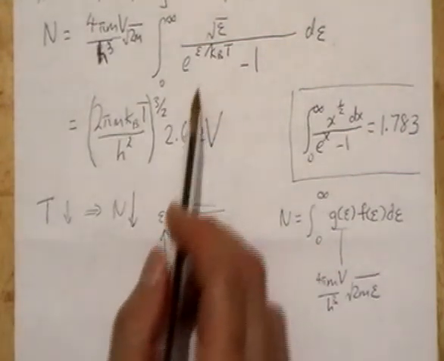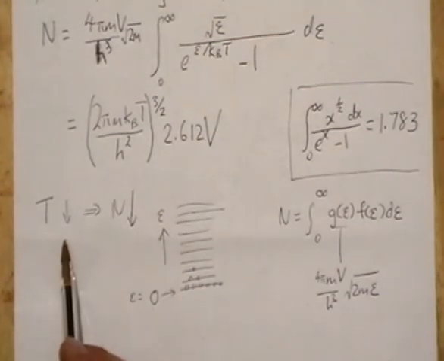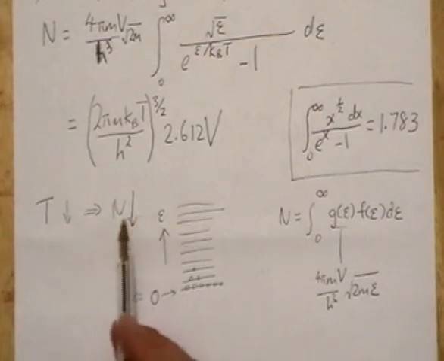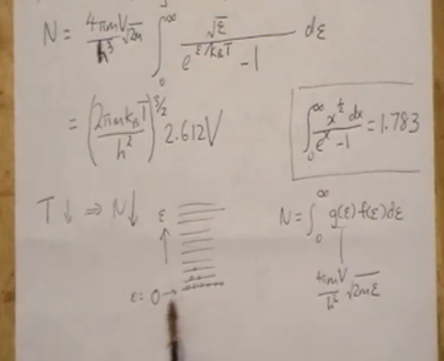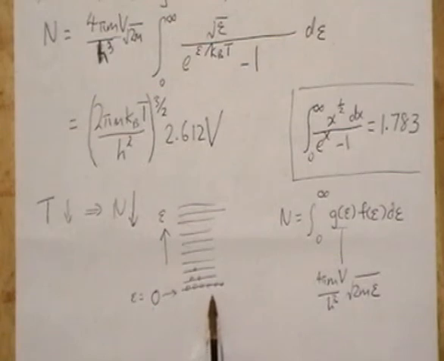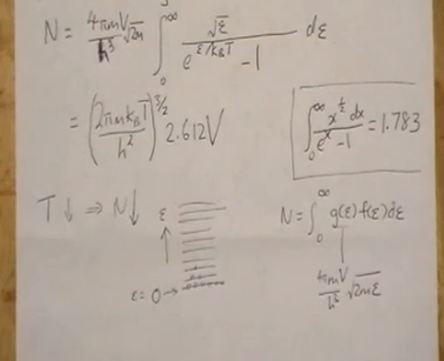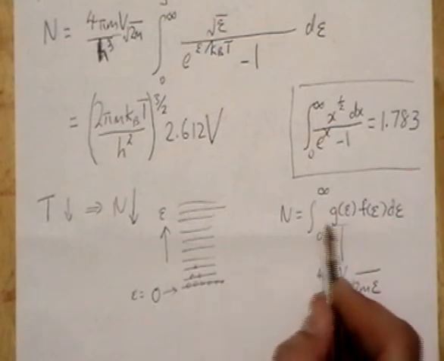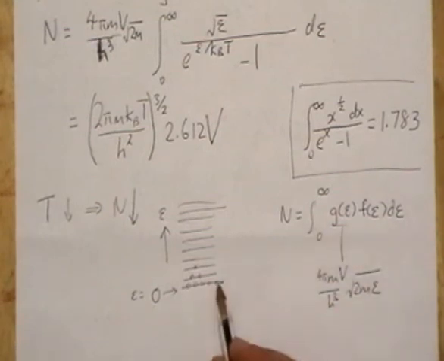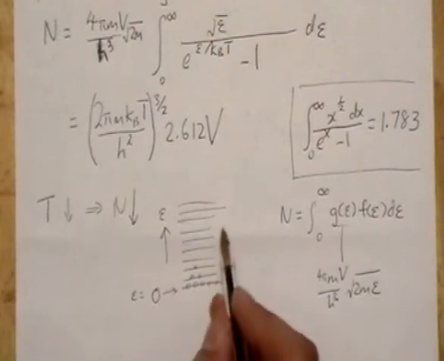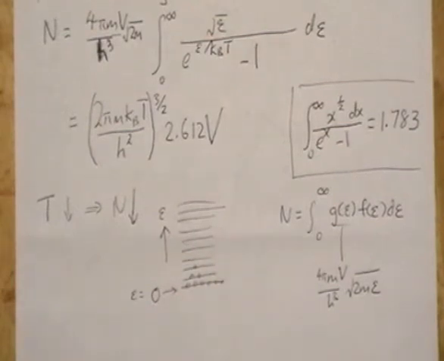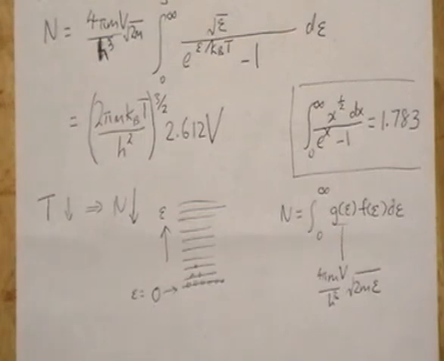But now we have this very special situation where temperature is very low, and if most of the particles actually fall to the ground state, then this integral becomes wrong because it ignores the particles in the ground state. It would only calculate particles that are higher up, above the ground state.